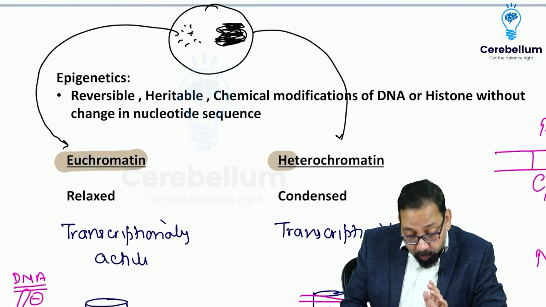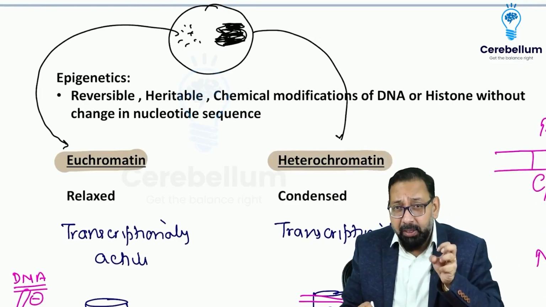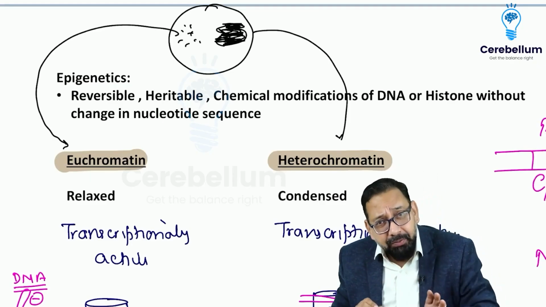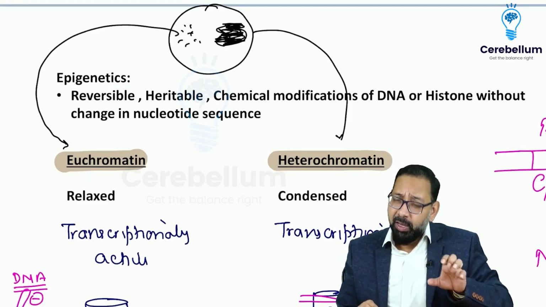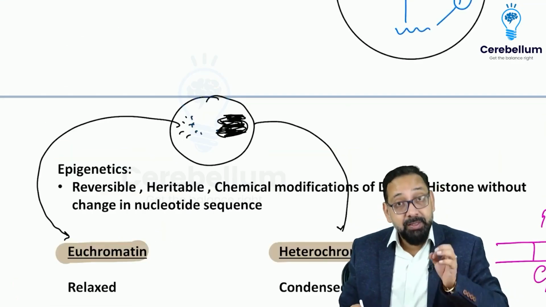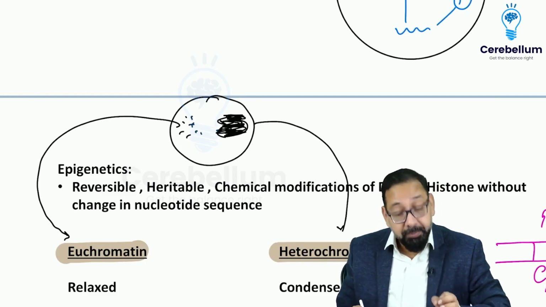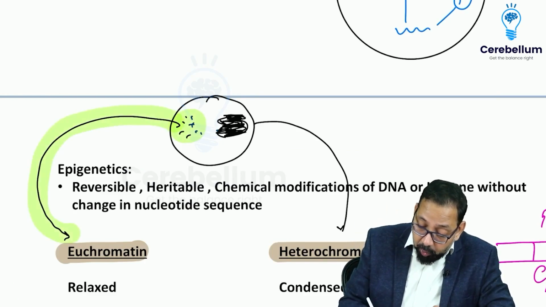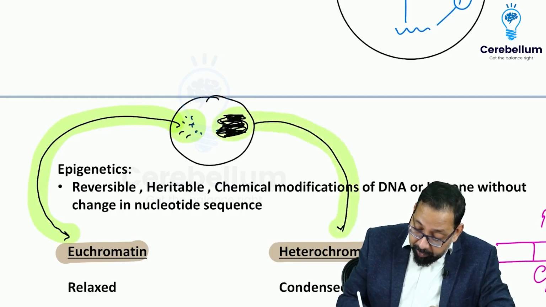Euchromatin and heterochromatin. If I take a cell in resting state, the cell is not dividing, the cell is in interphase. I saw the nucleus and found that there was no chromosome. In resting state, in the cell, the genetic material is present in the form of chromatin. Chromatin may be euchromatin or heterochromatin.